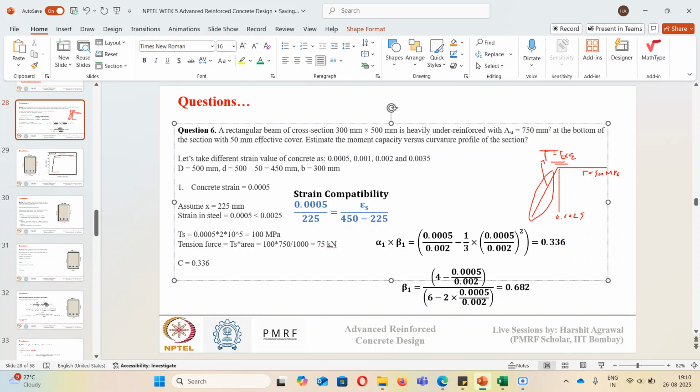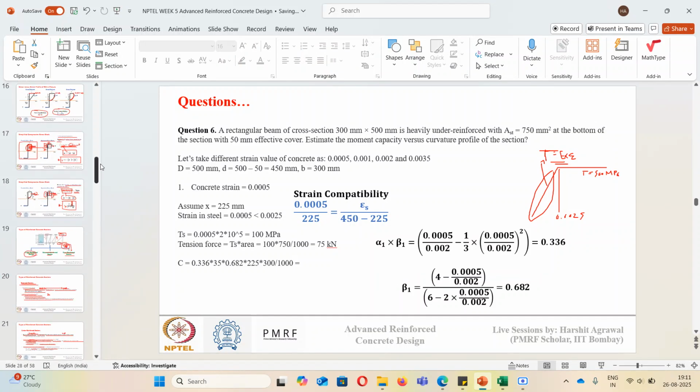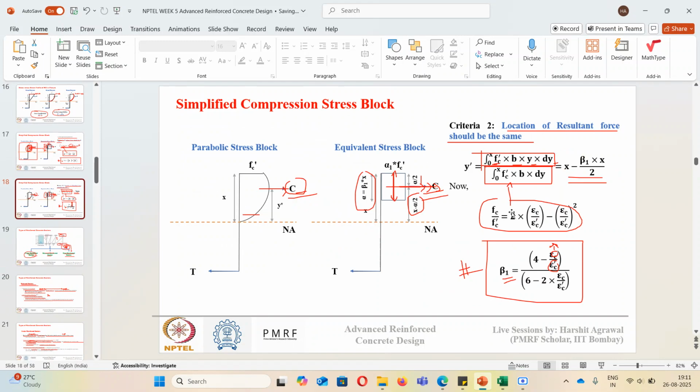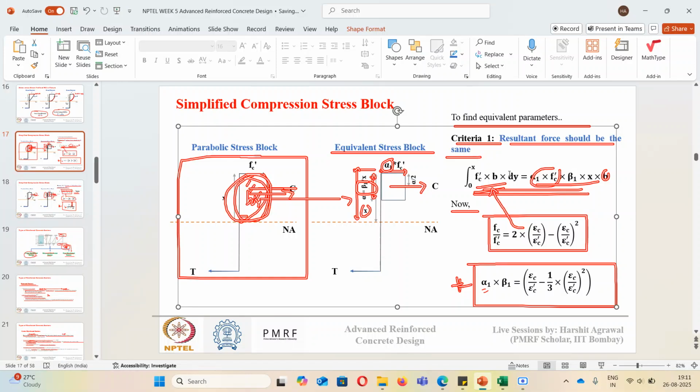So 0.336 times fc dash, fc dash is 35, times beta 1, beta 1 is 0.682, times the depth of neutral axis 225 into width of the member 300, divided by 1000 to convert newton to kilonewton. This equation I will just tell you from where I have taken. So this is the net force that we calculated here.